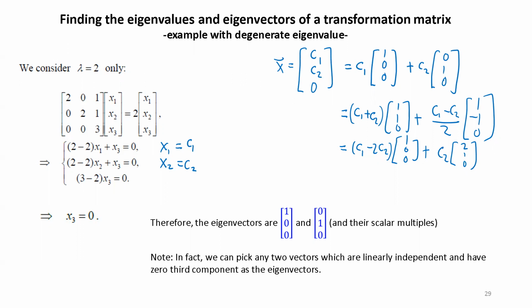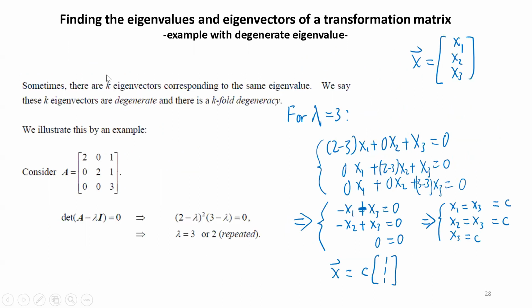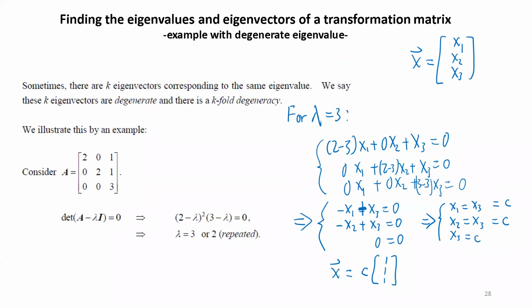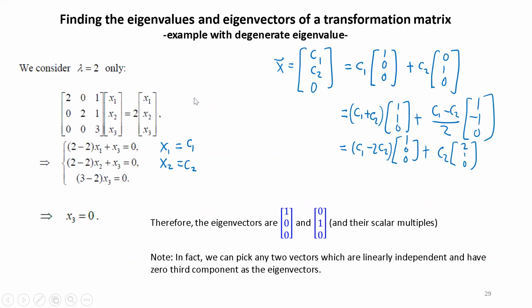The case where we have more than one eigenvector corresponding to the same eigenvalue is known as degeneracy. We say that these two eigenvectors are degenerate, meaning they correspond to the same eigenvalue. Because we have two eigenvectors corresponding to the same eigenvalue, we say there's a twofold degeneracy.